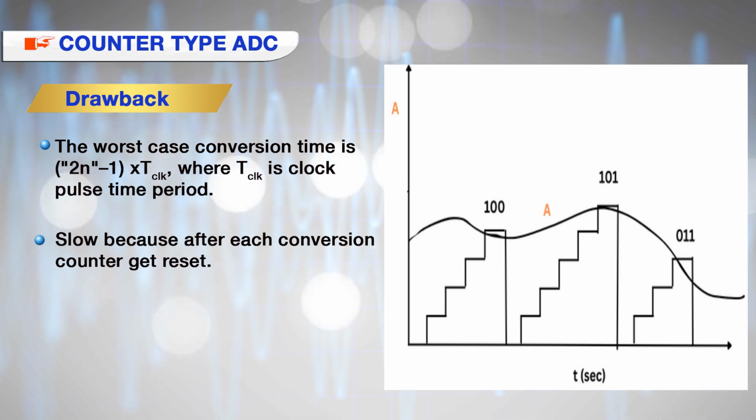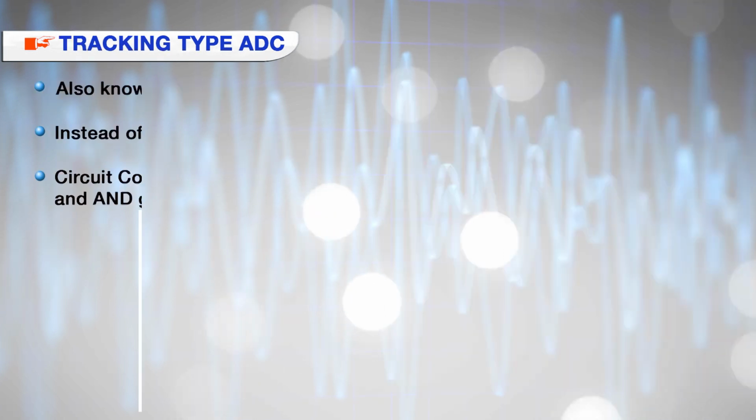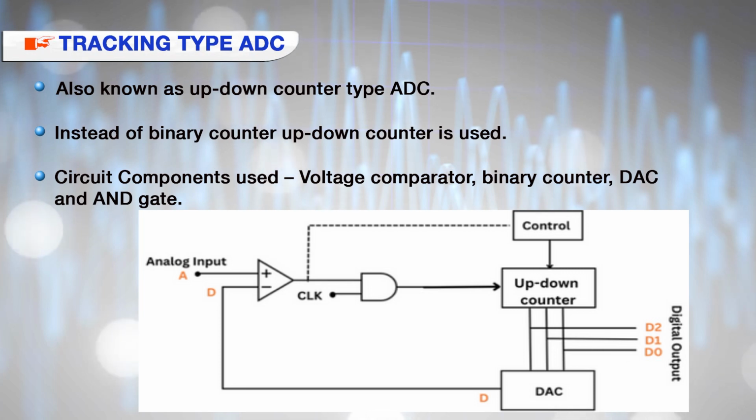And if the next input sample is equal to 5, then again the counter will count from 0 to 5. So this makes the process slow. To overcome this problem, tracking type ADC, which is also known as up down counter type ADC, is used.